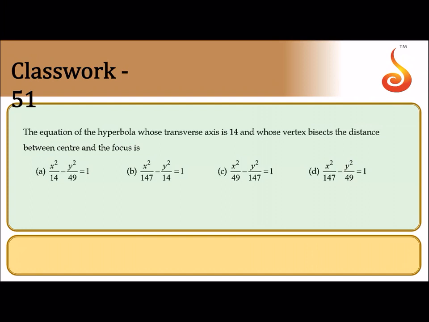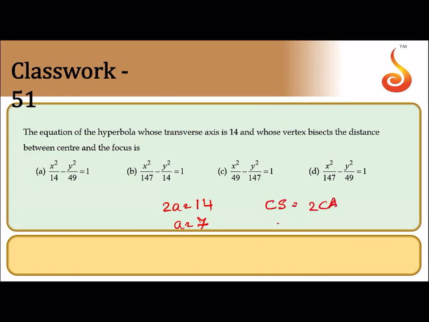51. Equation of hyperbola whose transverse axis is 14 and the vertex bisects the distance between the center and the focus. So they gave you the transverse axis, so 2a equal to 14, a equal to 7. And they have given that the vertex bisects the distance between the center and the foci.